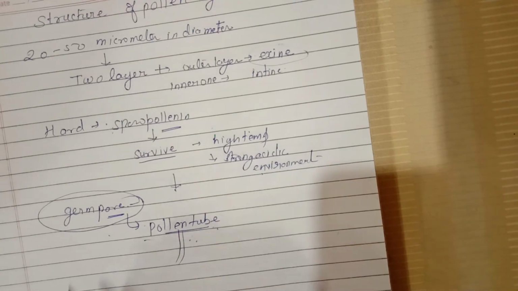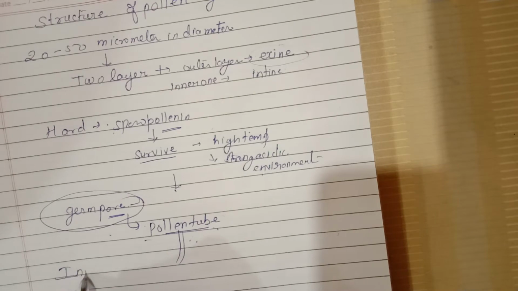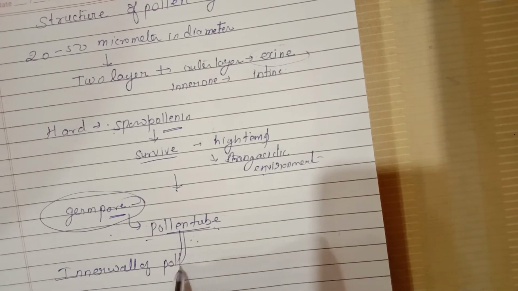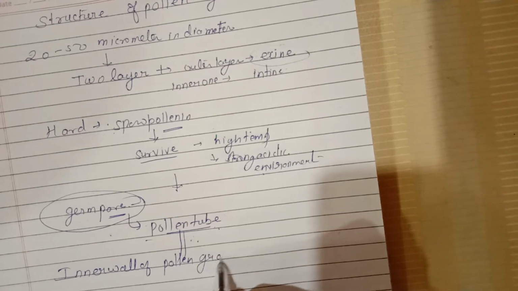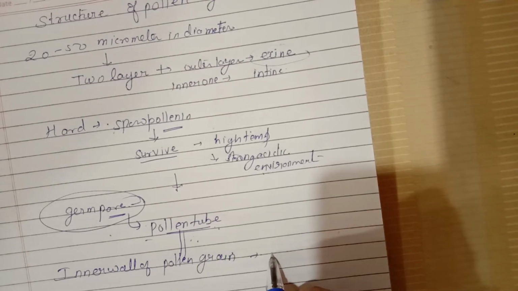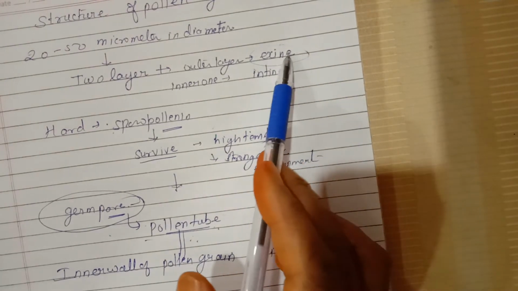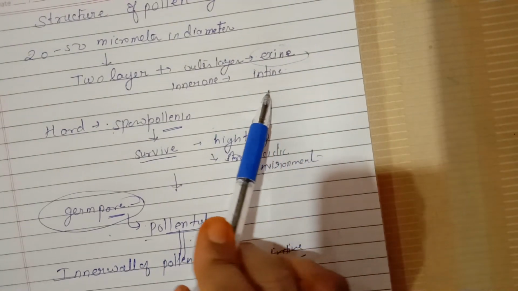Now the inner wall of the pollen grain is known as the intine. Just now I said that there are two layers, one is the exine and another one is the intine.